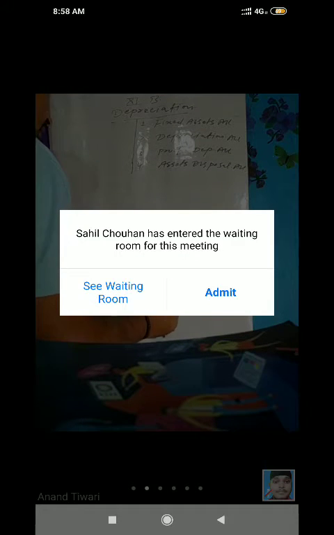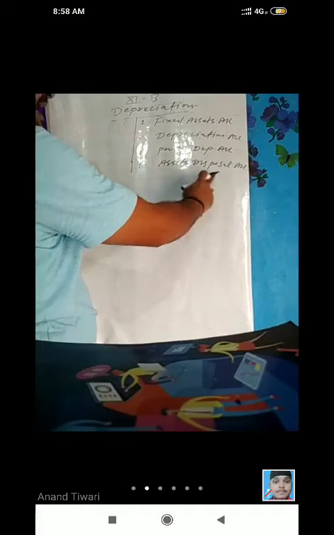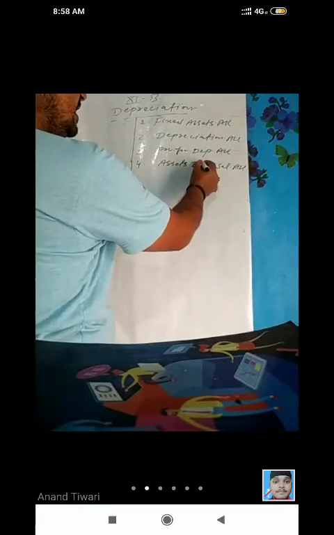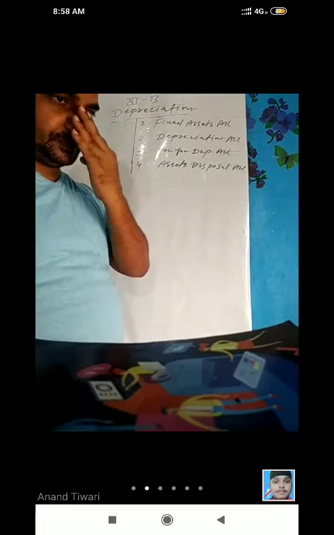Clear? Fixed assets account, depreciation account, provision for depreciation account, asset disposal account. These are the main accounts required to prepare in case of depreciation.